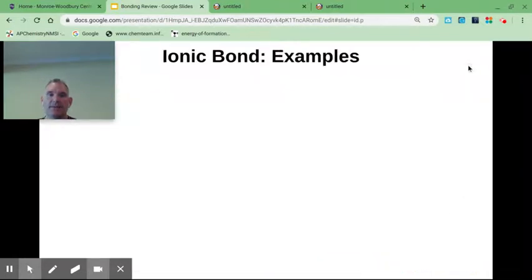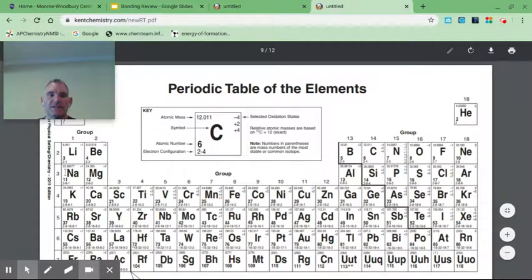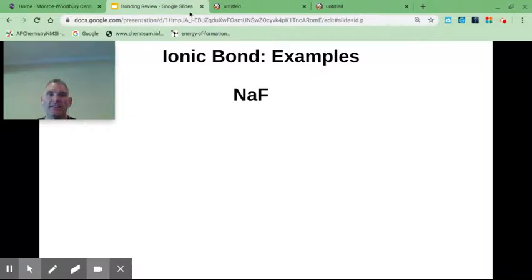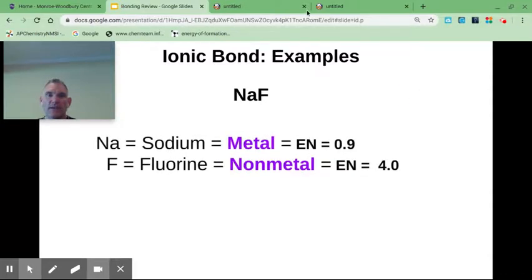Let's do another example. Sodium fluoride, NaF. Again, if I go to my periodic table, sodium is a metal, fluorine is a non-metal, opposite sides. I know it's a metal-non-metal interaction. But just to double check, we'll do the electronegativity as well.